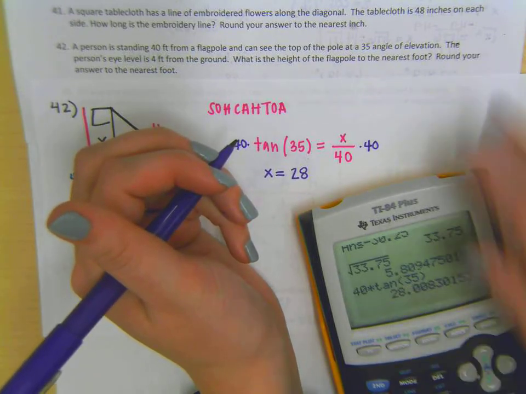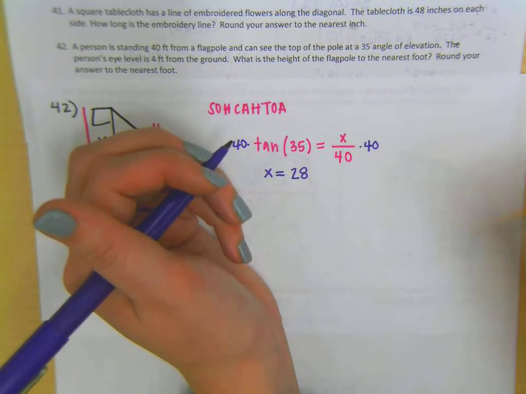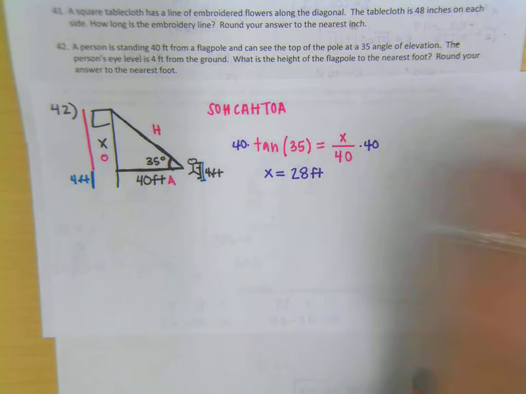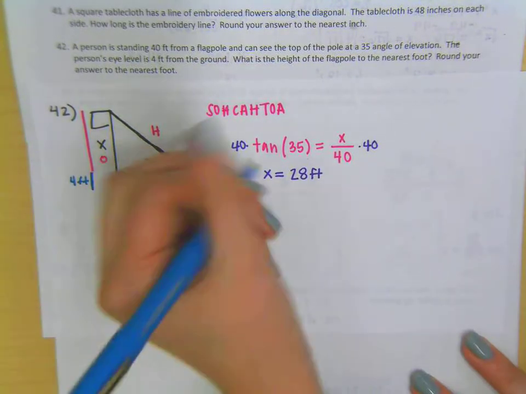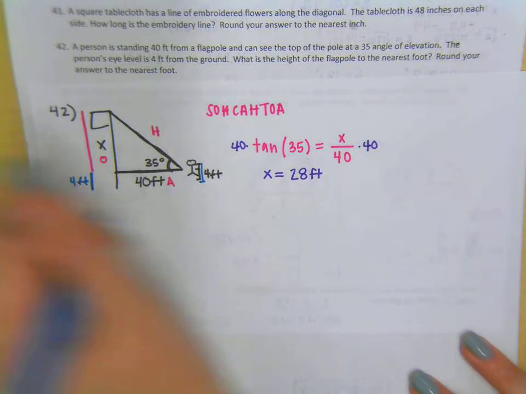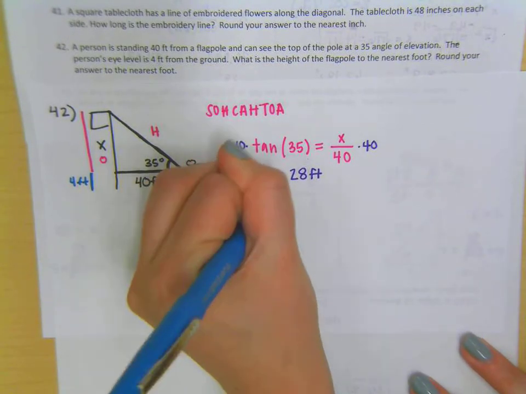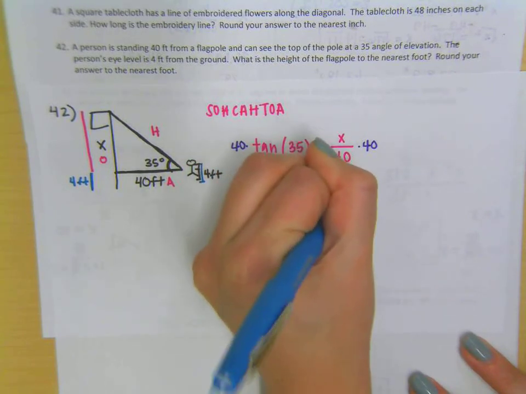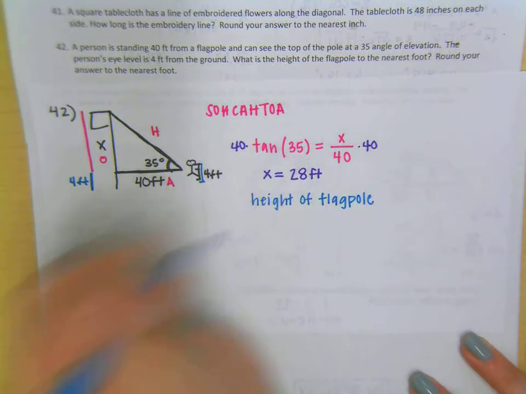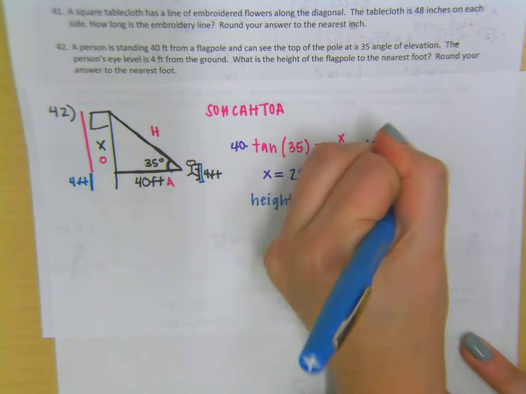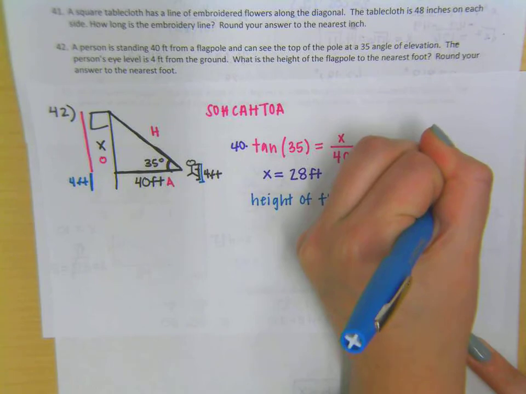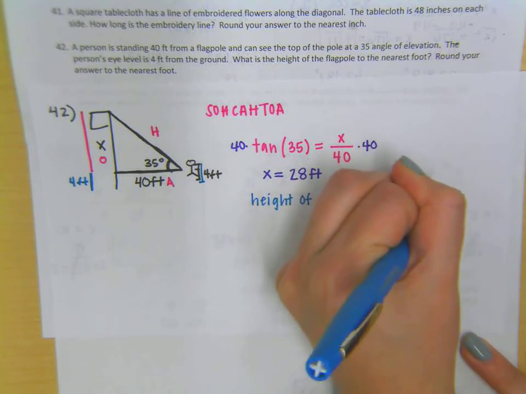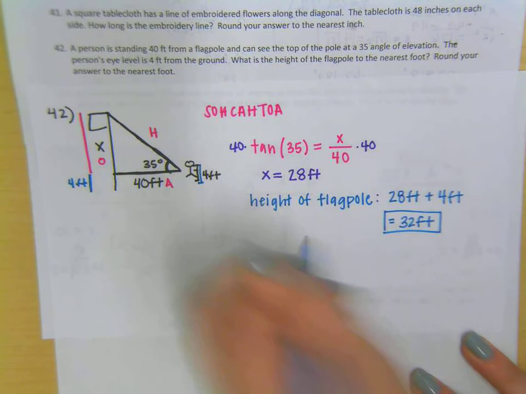So rounding to the nearest foot, that would just be 28. Okay, so this is 28, but we're not done because this is just from the eye level up. So now, in order to get the height of the flagpole, it's going to be 28 feet plus the 4 feet, which is going to get you 32 feet.